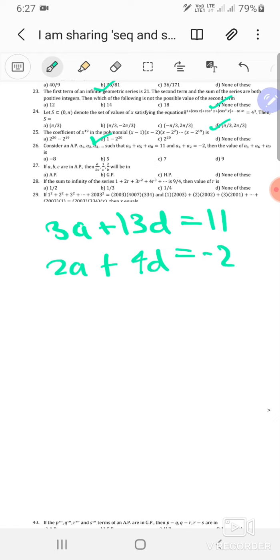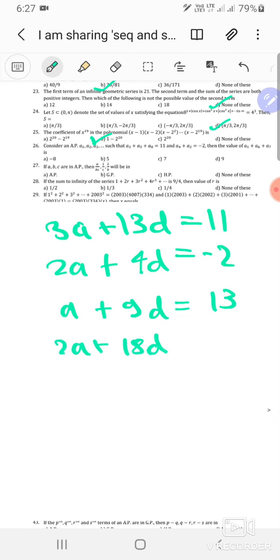So now just find the values of a and d. Okay, cool. How can we do that? Maybe by multiplying this by 3 and 2. That will work. Or you could just simplify it. So like a plus 9d has to be equal to 13. Now let's use this simplified equation. So you get 2a plus 18d is equal to 26.